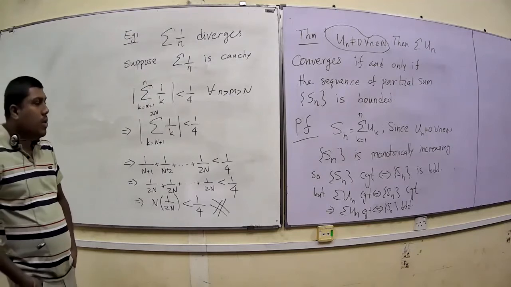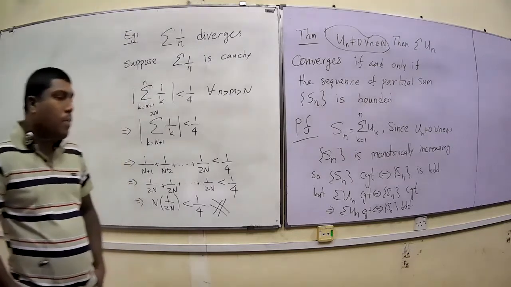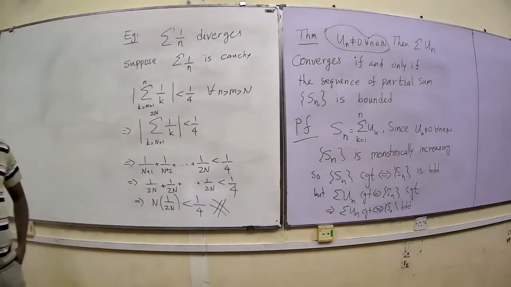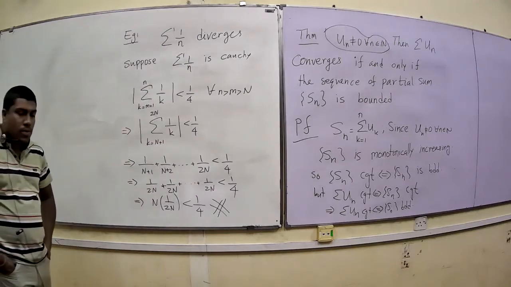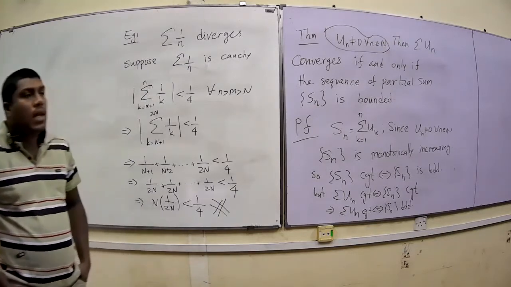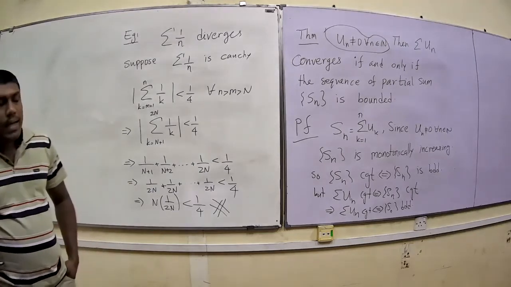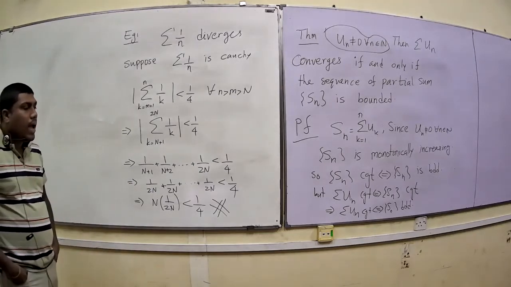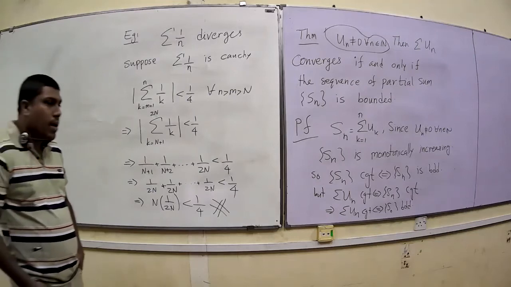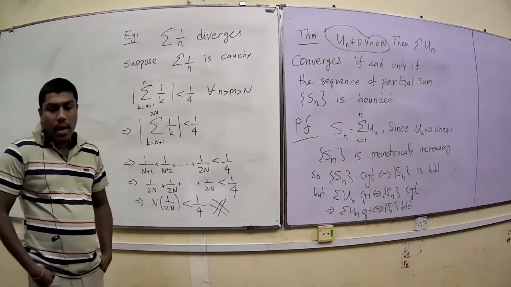If I prove a theorem in class, the proof will probably be asked in the exams as well. Or we can ask similar types of proofs. Instead of giving you exactly the same question, we might change it a little bit and ask you to prove it in the same way. So the proofs are important. You should know how to write the proof.